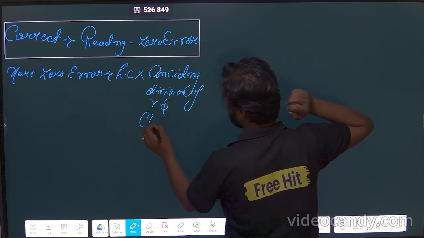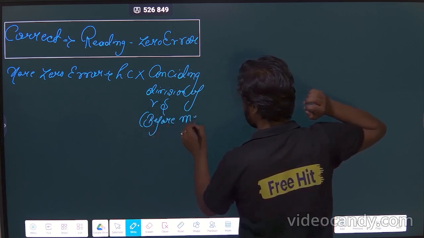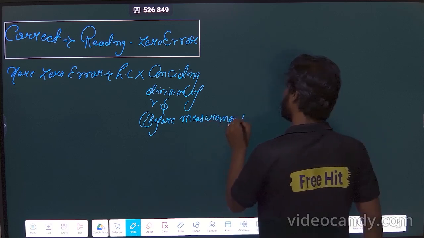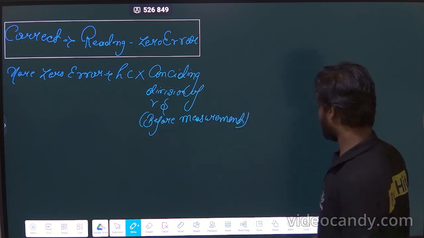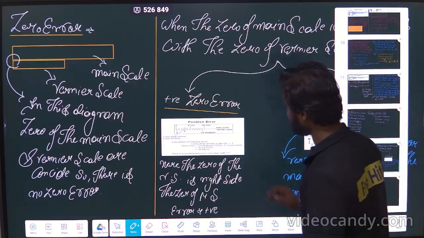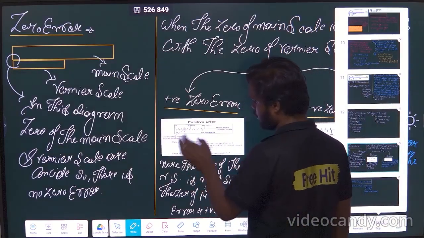Remember, this is before measurement. Before measurement, there will be some point that is coinciding. If you see in this diagram, this is the thing we do before measurement.